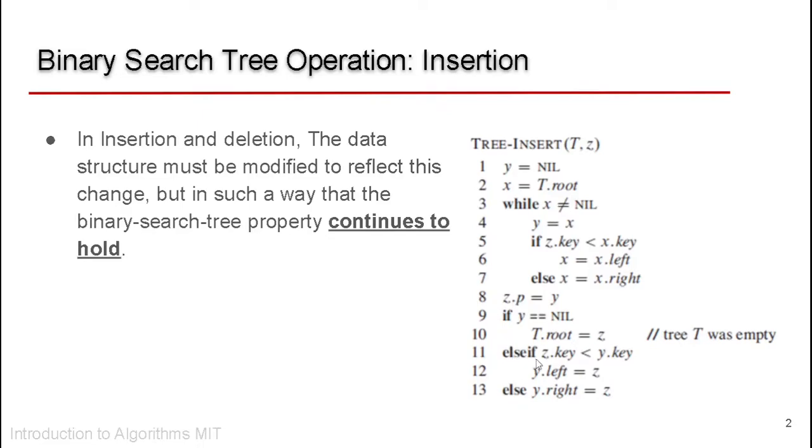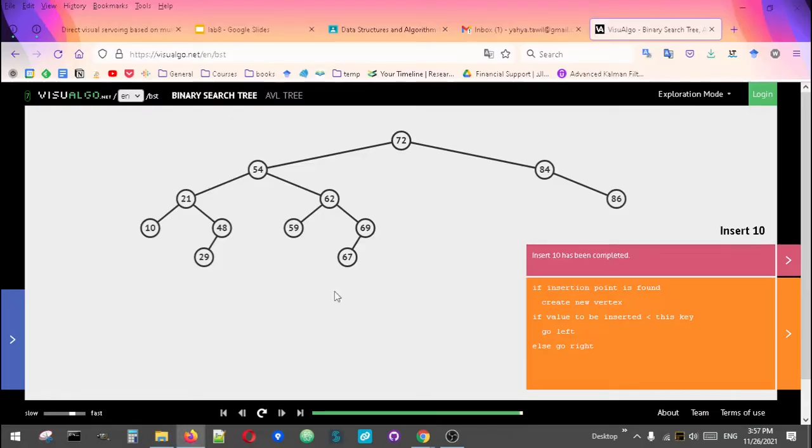Else if z dot key is smaller than y dot key. We said y is the leaf node, and y here is 21.